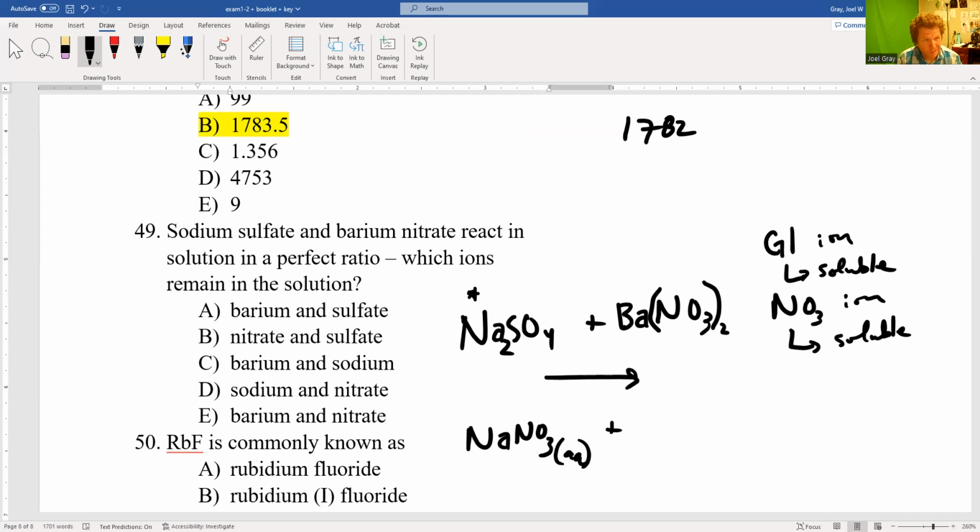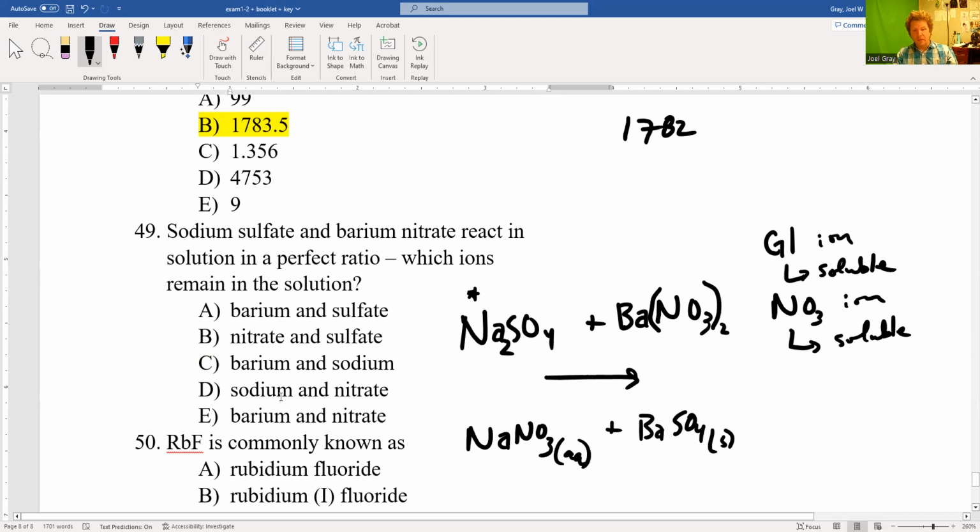Now, sulfates are a little bit dicier. Barium, that's an ion that likes to make things insoluble. So barium sulfate, BaSO4, is a solid. So this is going to be the solid that precipitates out of this reaction. Now, this is asking which ions remain in solution. Well, NaNO3, there's going to be sodium.